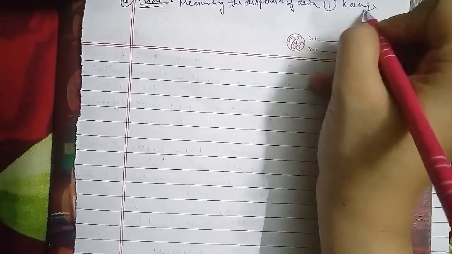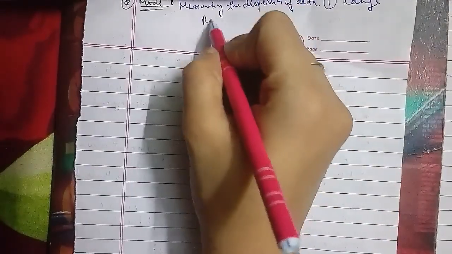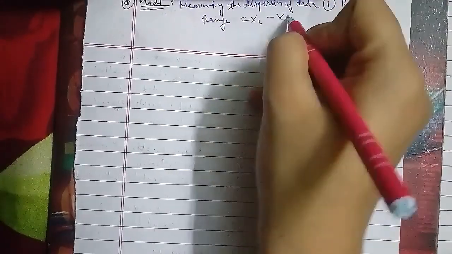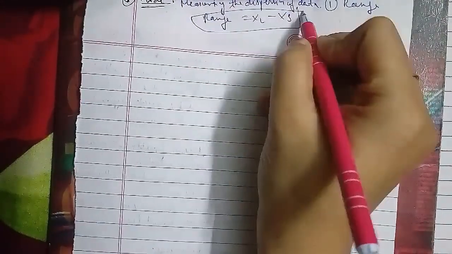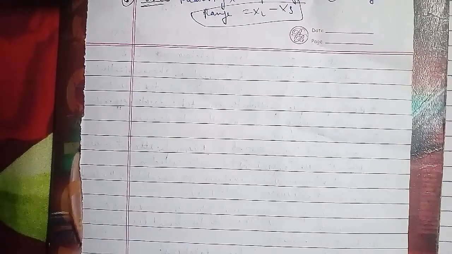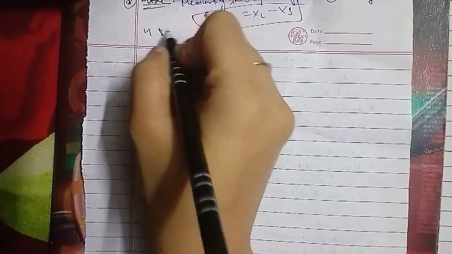For example, consider the following data: 4, 8, 1, 6, 6, 2, 9, 3, 6, 9. The largest value XL is 9 and the smallest value is 1. So XL minus XS is 9 minus 1, and we get 8.